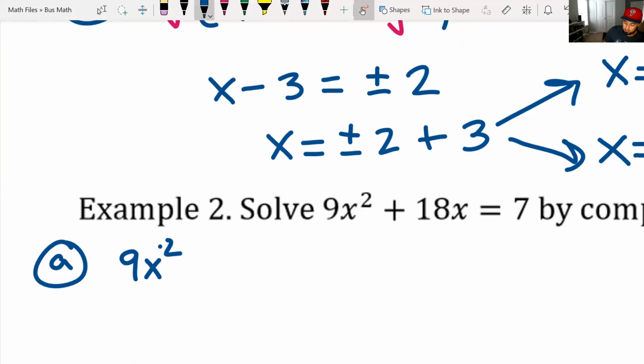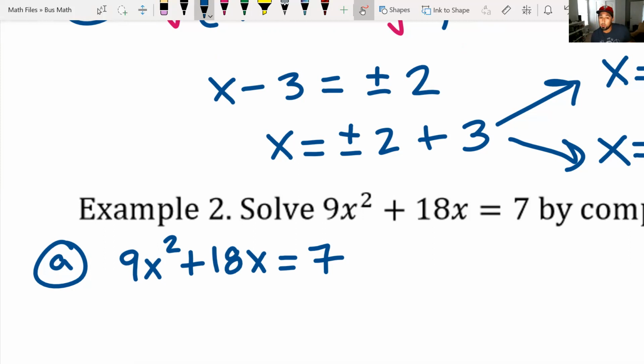A, we are given 9x squared plus 18x equal to 7. Okay, well, for this one, it seems that the x's are already on the left side, which is perfect, and the constants, the numbers, are on the right side, which is in a good form already.